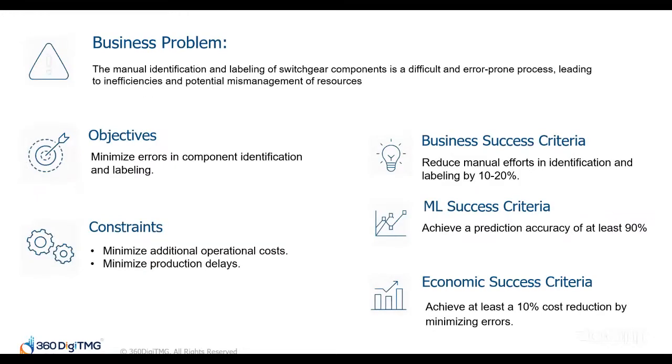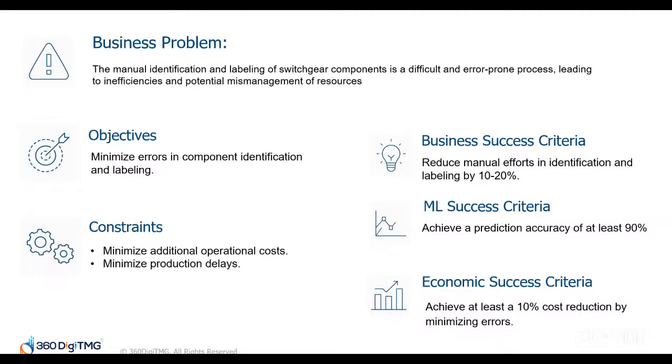So switchgear cabinets are integral in electrical systems, housing components that control, isolate, and protect electrical equipment. Efficient and accurate part identification is vital to maintaining the quality and safety of these systems.